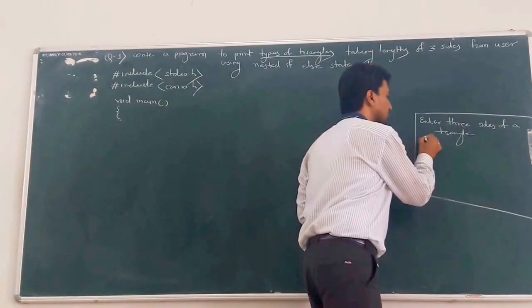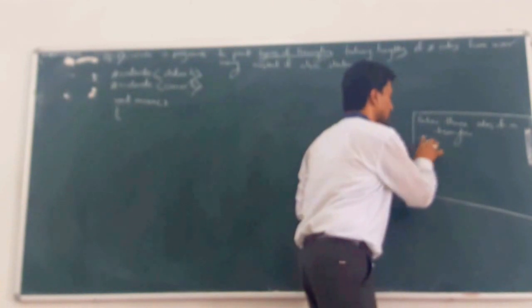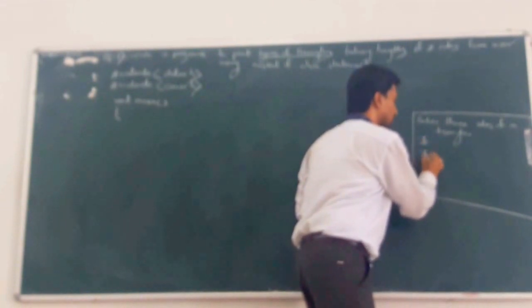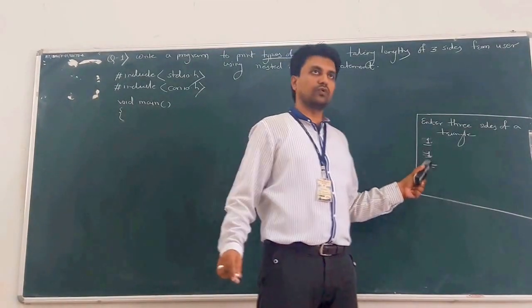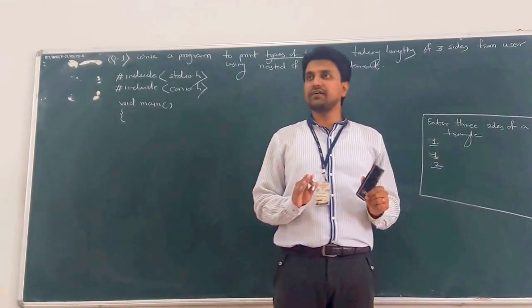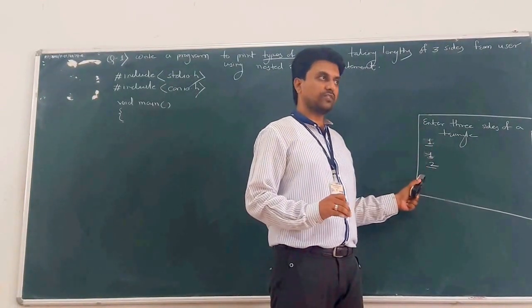Suppose the user enters 2, 3 and so on, or suppose 1, 1 and 2. So if the user enters 1, 1, 2, first check whether we can form a triangle from the given lengths of the sides.